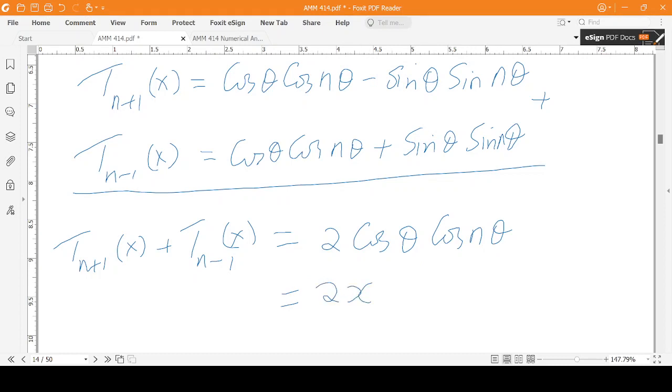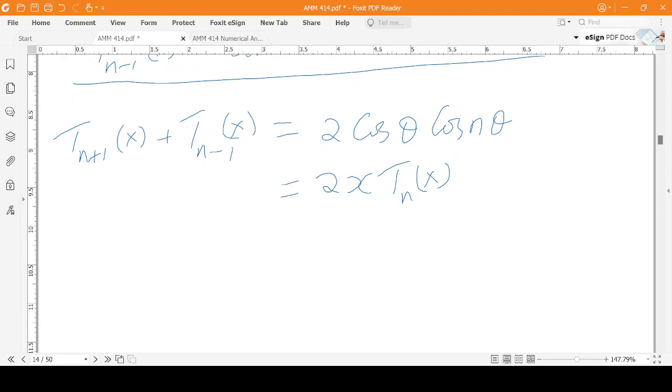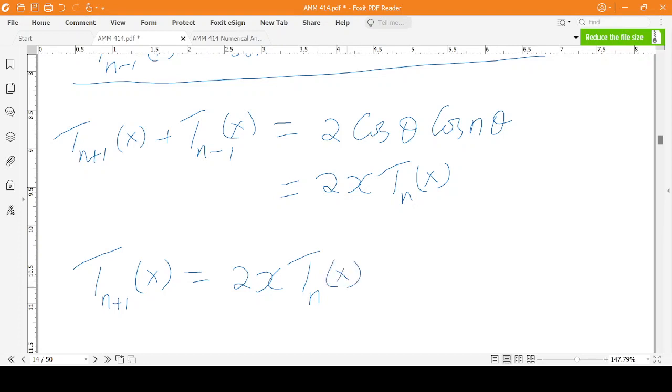Then cosine of n theta is Tn of x. So in this case, we can transpose this. We want to make Tn plus 1 the subject. So we move the second term to the other side. It becomes negative. And we get Tn plus 1 of x is equal to 2x times Tn of x minus Tn minus 1 of x.